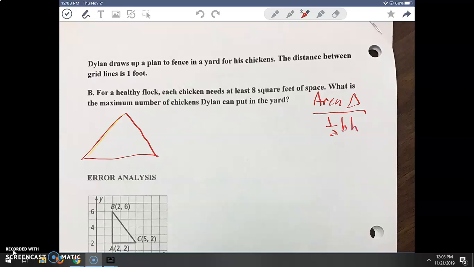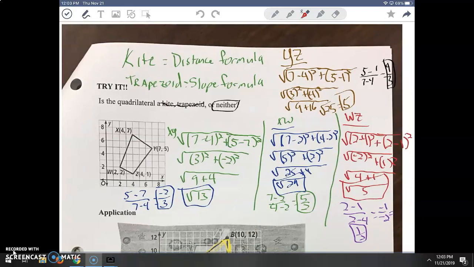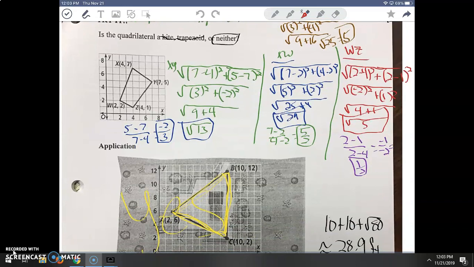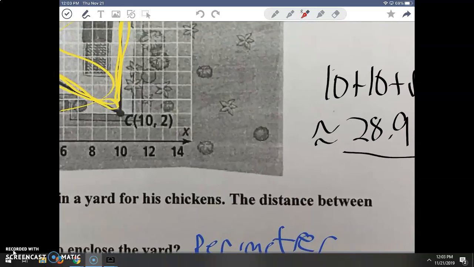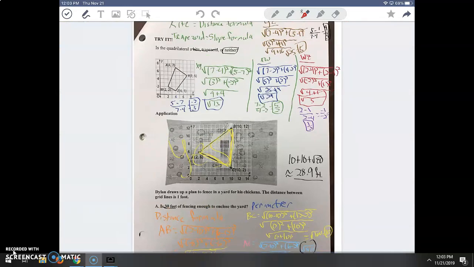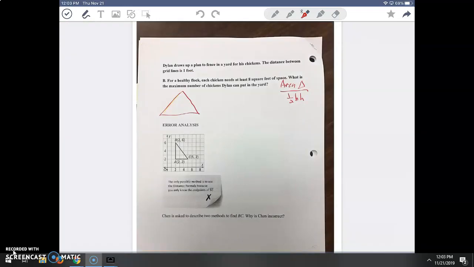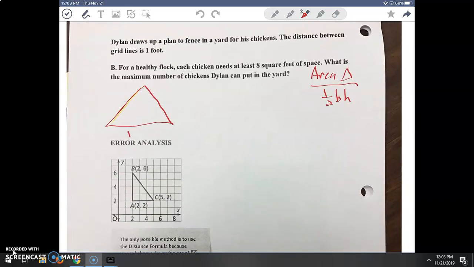Okay, well, we have the base from earlier, I believe it was the AC. So AC we saw was square root of 80. So our base is going to be the square root of 80.